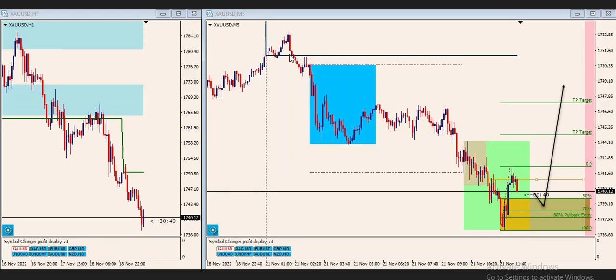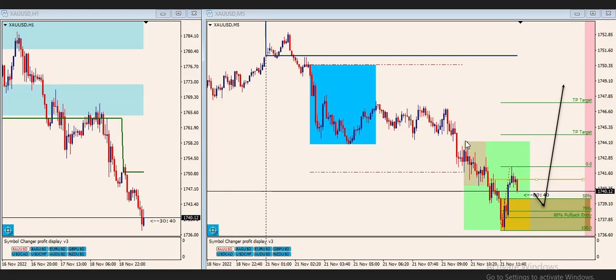So what I want to do is, once I have my weekly and daily open line, apart from Monday, every other day, the weekly open will be in a different position from the daily open, right?